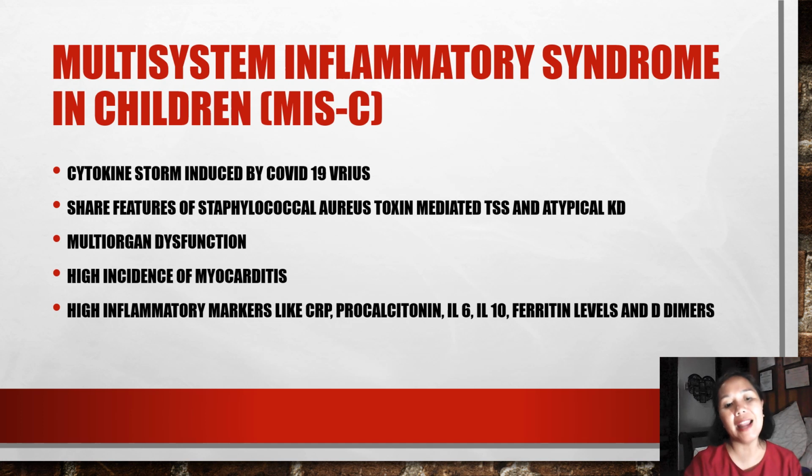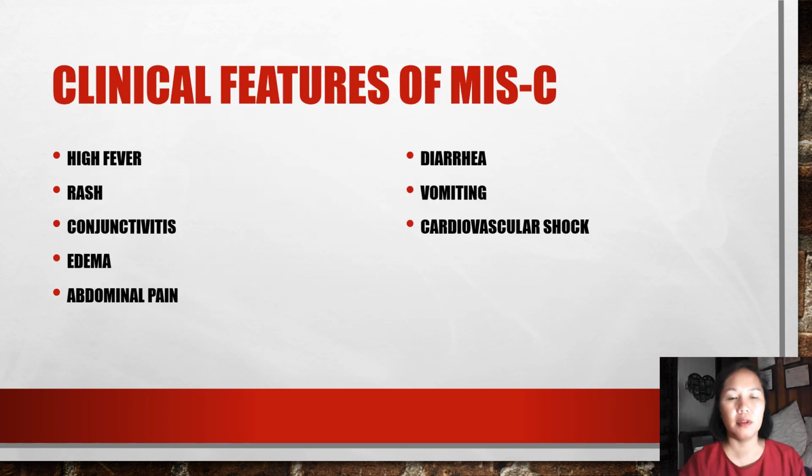It has high inflammatory markers like CRP, procalcitonin, interleukin 6, interleukin 10, ferritin levels, and D-dimers. Clinical features of MIS-C include high fever, rash, conjunctivitis, edema, abdominal pain, diarrhea, vomiting, and cardiovascular shock.